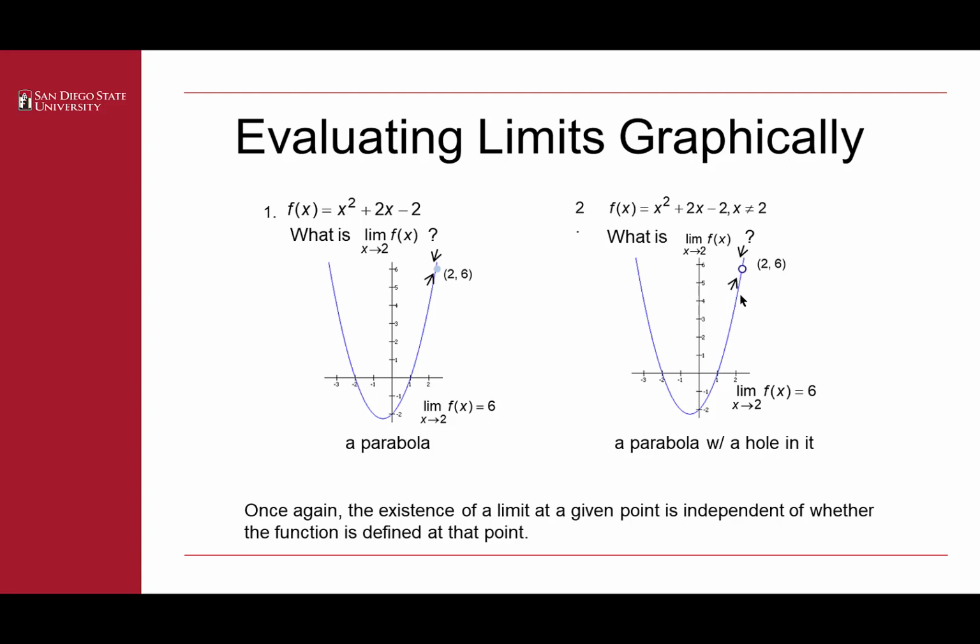It's not a continuous parabola, but again, if we approach the point where x equals 2, on the vertical axis we are actually approaching 6 again. So 6 is not included in the outcome set of the function, but we still get the limit as 6. So once again, the existence of a limit at a given point is independent of whether the function is defined at that point or not.